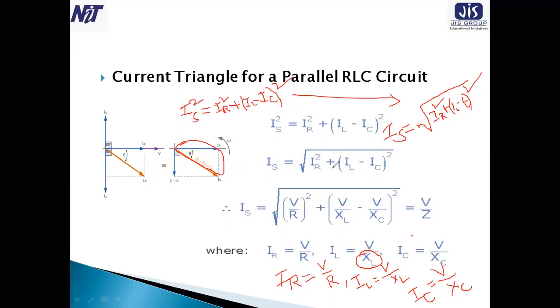Now simply put the values of IR, IL and IC here, and after calculating we'll find that IS will be equal to V divided by Z. So in this way we can find the total current of a circuit, and the equation of the current is V divided by Z, where Z is actually the impedance of the circuit.